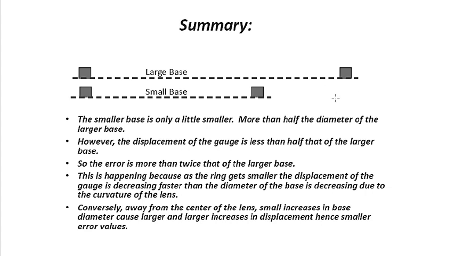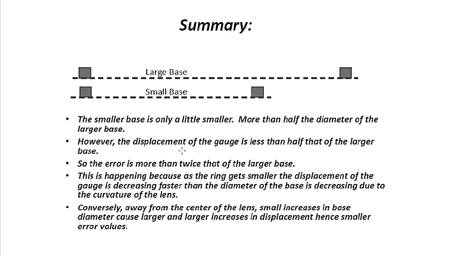When you think about the base and the diameter, you go back to that LOH chart, and you look at base number 10 and then base number 7. Since in this case we are measuring the convex, you look at the convex column and compare that, and this is what we're talking about: more than half the diameter of the larger base is your smaller base diameter. However, the displacement of that gauge is less than half that of the larger base.